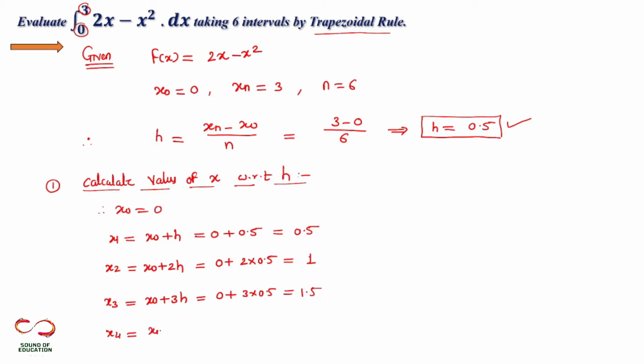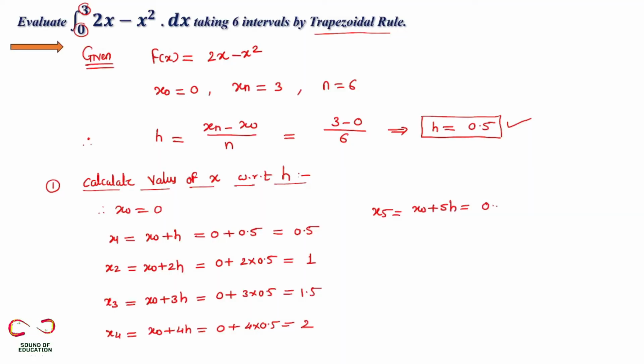Now again calculate the value of x4. So x4 is equal to x0 plus 4h, right? x0 is equal to 0 plus 4 multiplied by 0.5. So here 2. Now next is x5. So x5 के लिए हम फॉर्मूला कैसे लिखेंगे? x0 plus 5h, right?